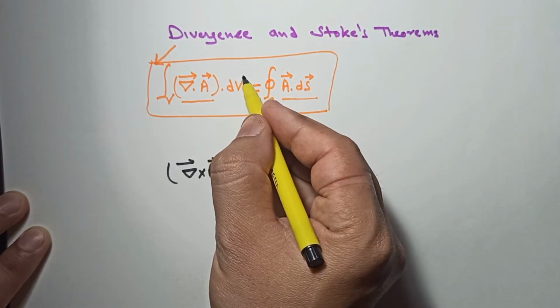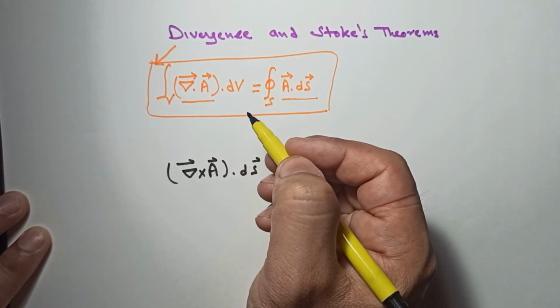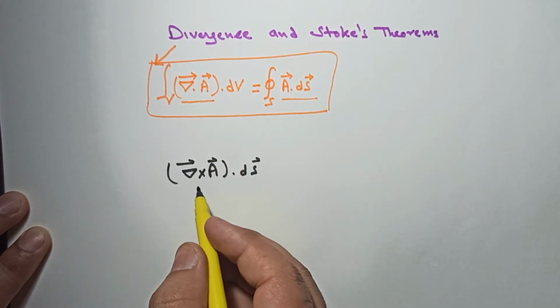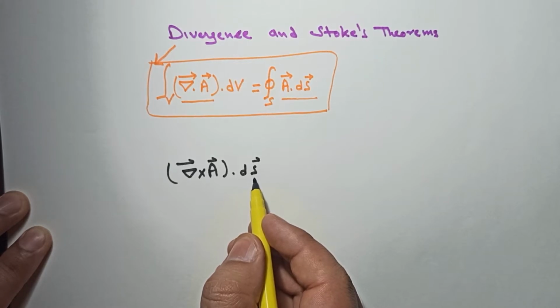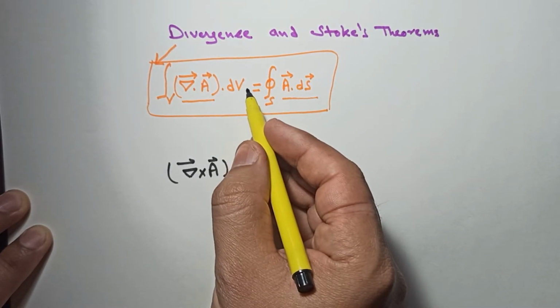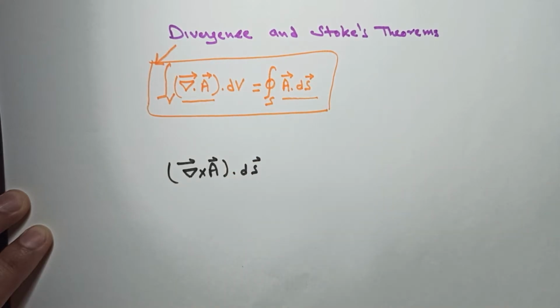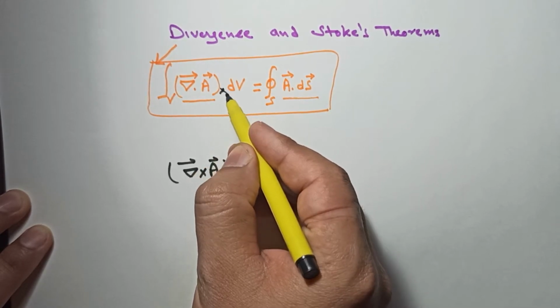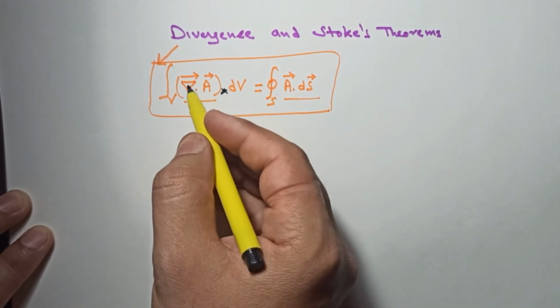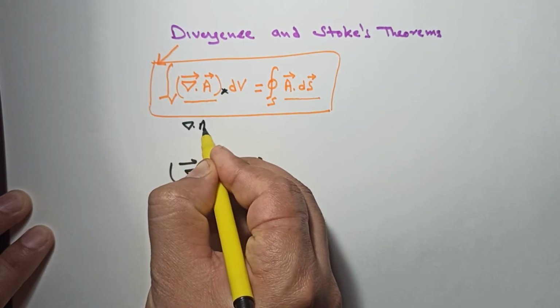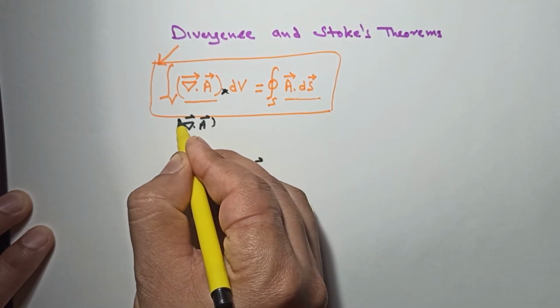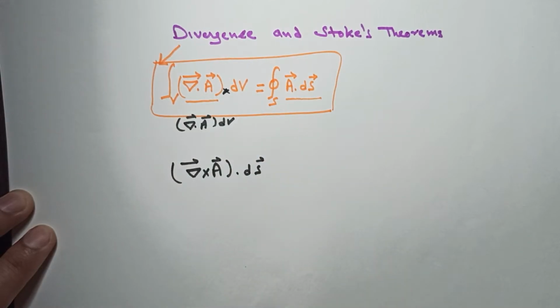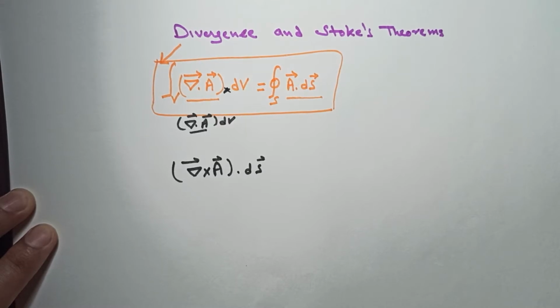Here S is a vector and the volume is a scalar, so don't get confused. We don't have a dot product in the divergence theorem, just a simple product: del dot A, the divergence, times dV, because del dot A gives you a scalar quantity. So it is simple multiplication with the volume.